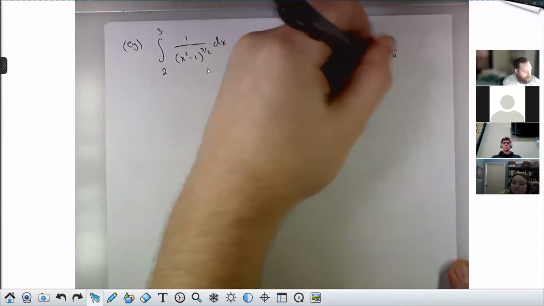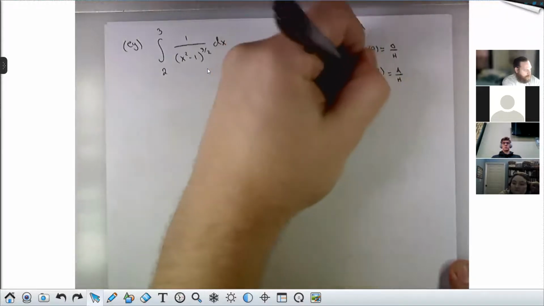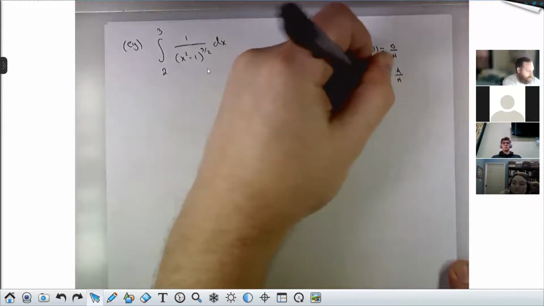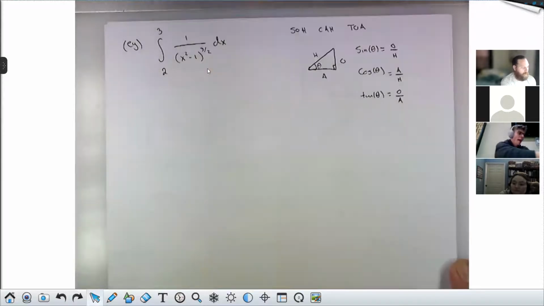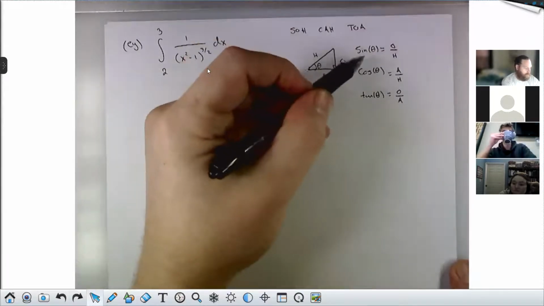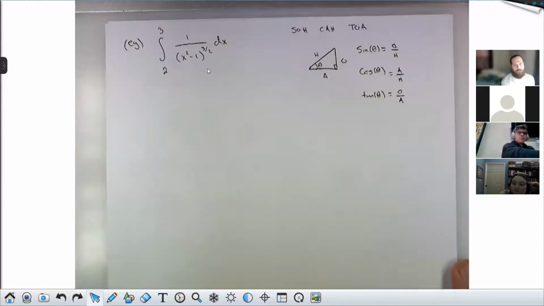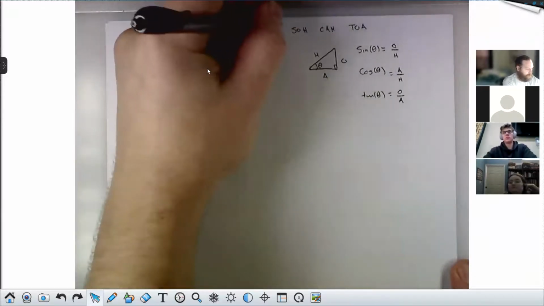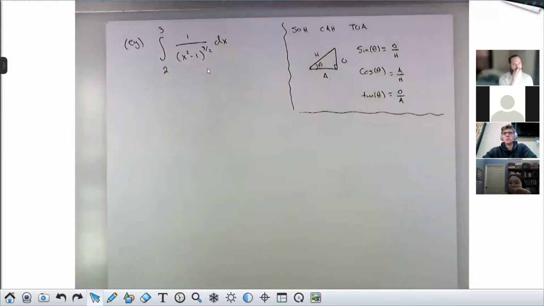Cos of theta is the adjacent over the hypotenuse, and tangent of theta is the opposite over the adjacent. And the other ones, secant, cosecant, and cotangent, can be gotten as reciprocals of these. So the whole triangle thing, this is what's going on in the background there.